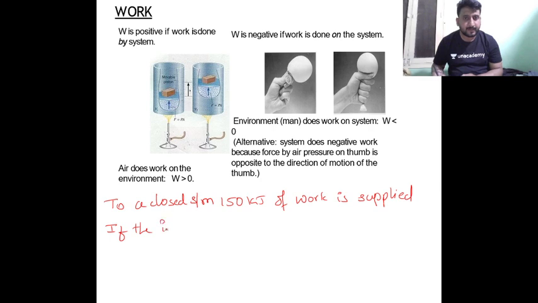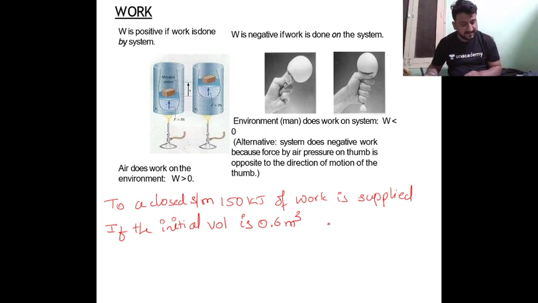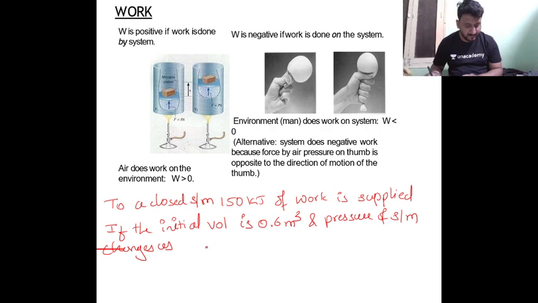If the initial volume is 0.6 meter cube and pressure of the system changes as P equal to 8 minus 4V, determine the final volume and pressure of the system.